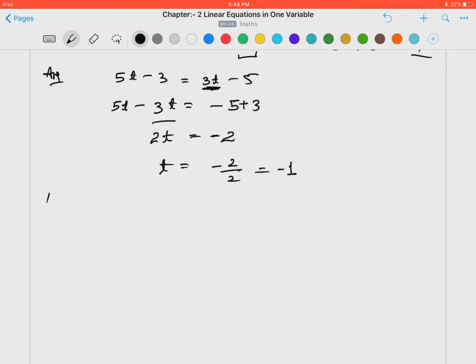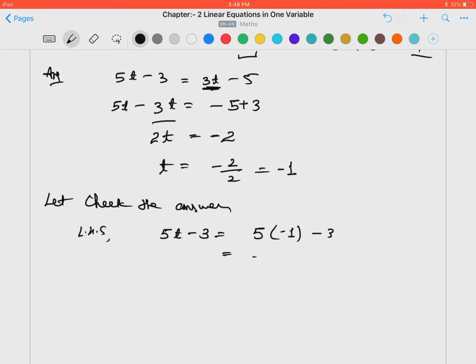Now let's check the answer. First take the left hand side term. The left hand side term is 5t minus 3. In the place of t we'll write the value of t, that is minus 1. So 5 into minus 1 will be minus 5, and minus 3, it will be minus 8.